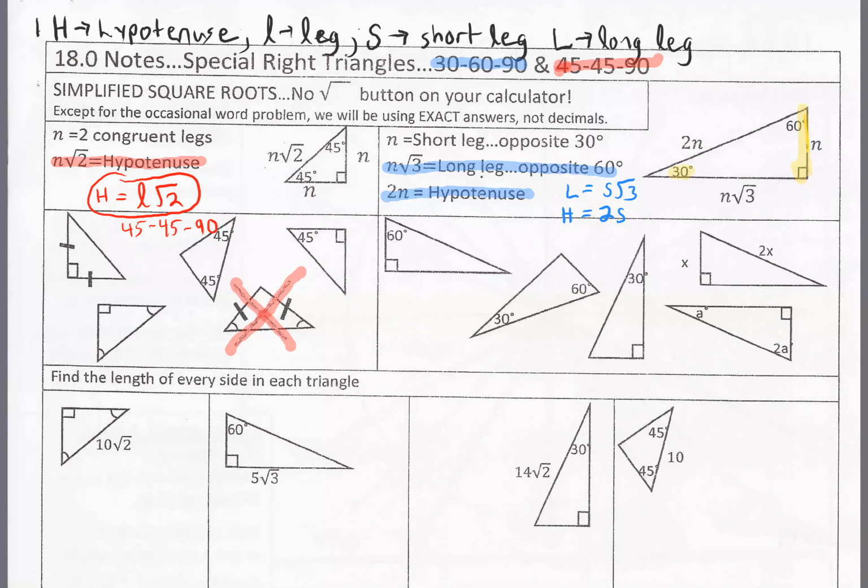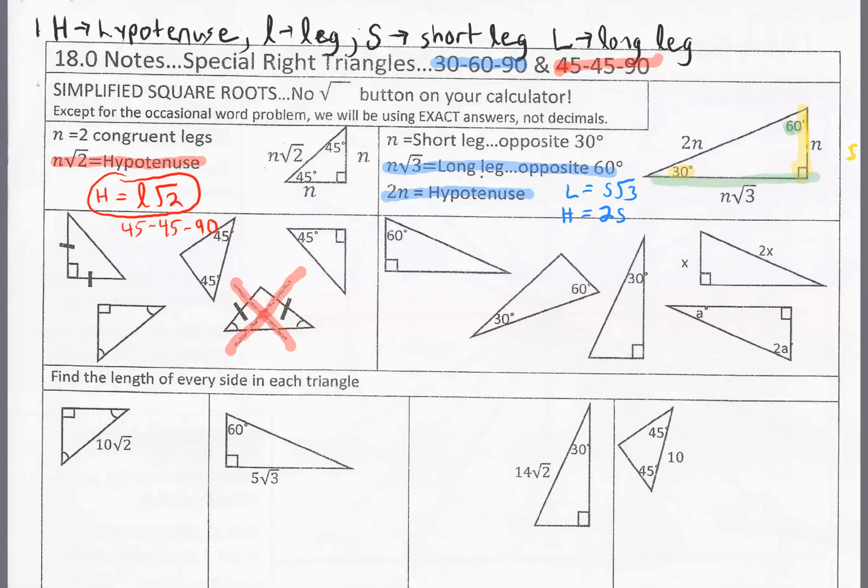So maybe I'll also call it little s. And the long leg is always opposite the 60-degree angle. So this is the long leg, opposite the 60. And you know how to identify the hypotenuse.